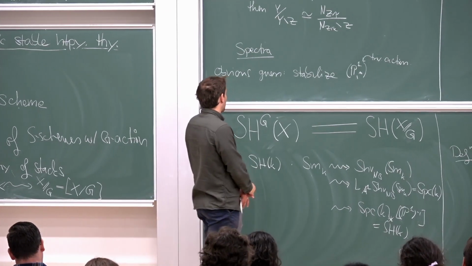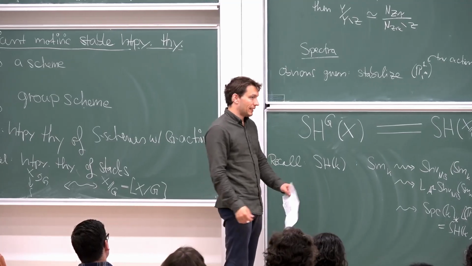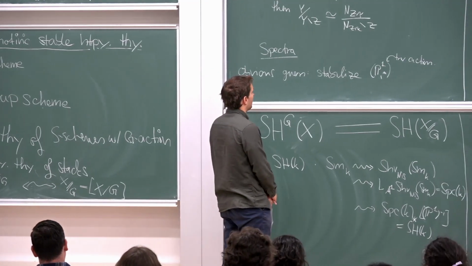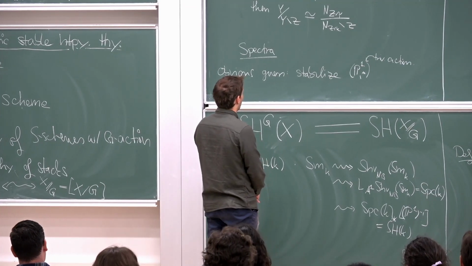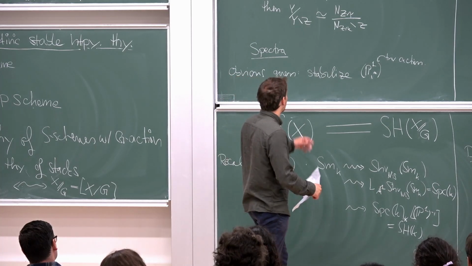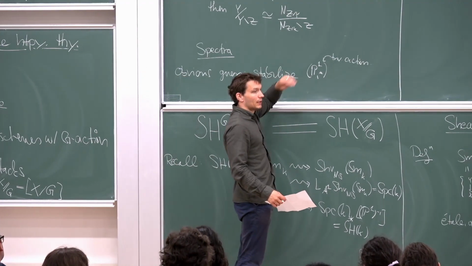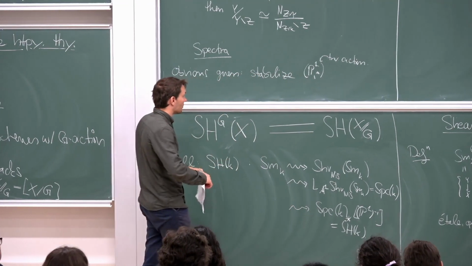But again, we want a category with good properties at the end, and so in particular we want good duality properties. And if you want good duality properties, this usually means that you want these sorts of Thom spaces here to be invertible objects.